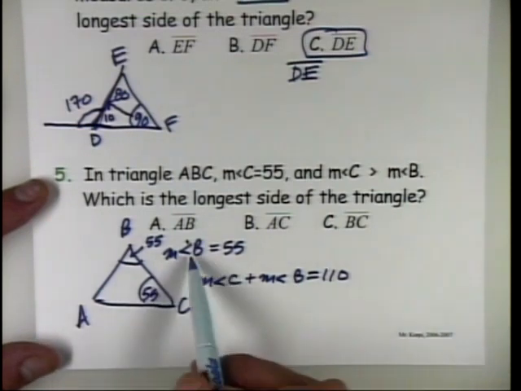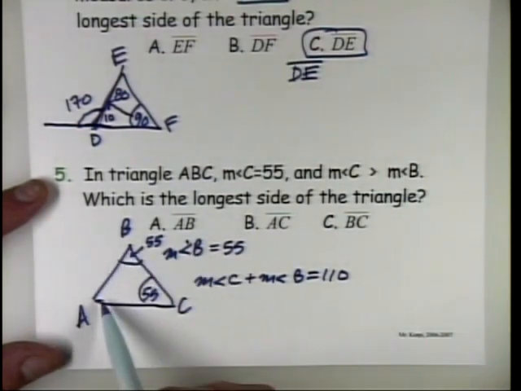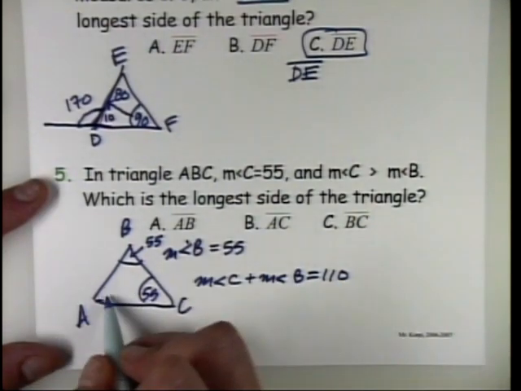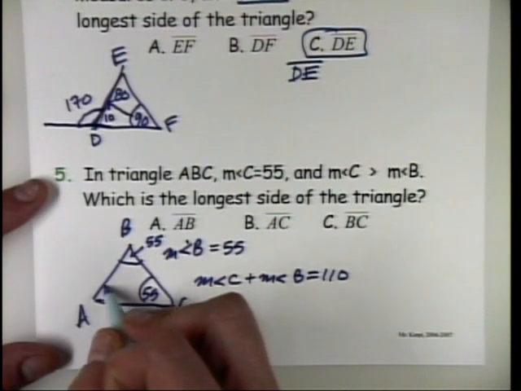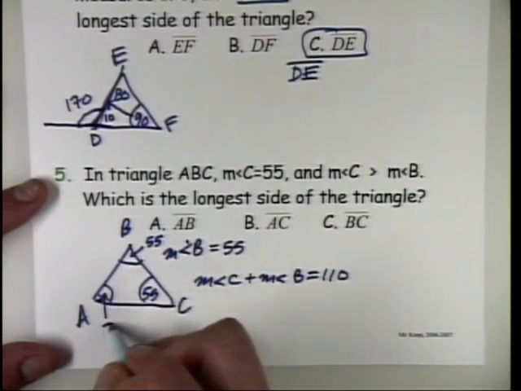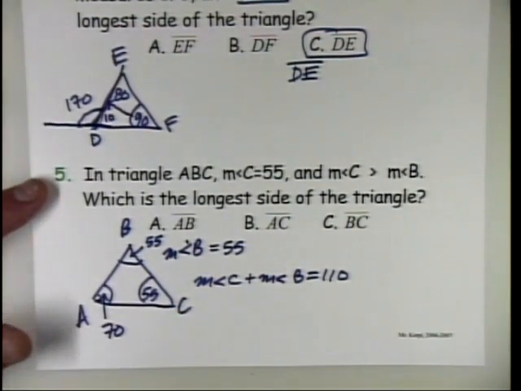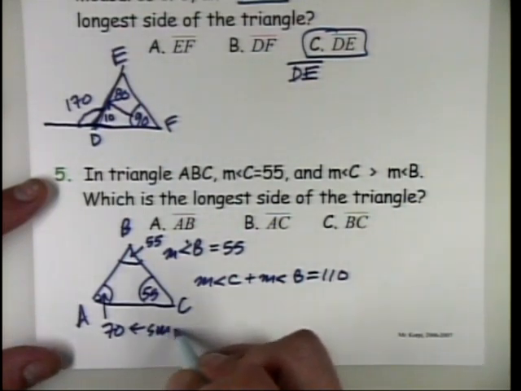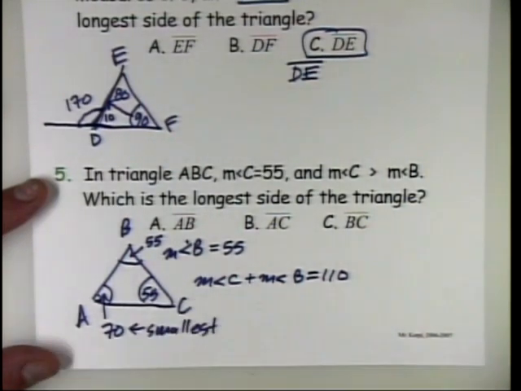Which means when B is at its maximum, A would be at its minimum. So that would be 110. To get to 180 means I'd have to go to 70. So that would be a possible angle for angle A. But this is the smallest that it could be. Okay? Angle A is at its smallest when angle B is at its largest.